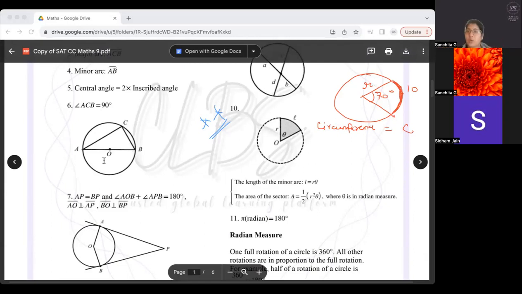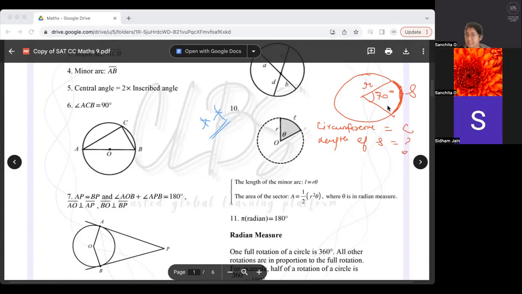Part by whole. Just remember that when we want to find the length, let's say instead of 10, I write S. If you want to find the length of S, that is the length of the minor arc, we have to find it.